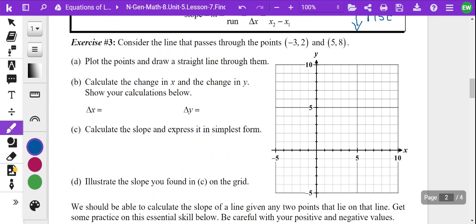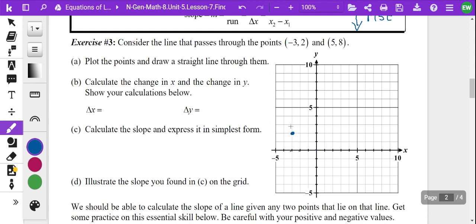We have a line that passes through the points (-3, 2) and (5, 8). Plot the points and draw a straight line through them. Okay, so let's plot the points and draw a line through them. My first point is -3, so -1, -2, -3, and 2, positive 2.